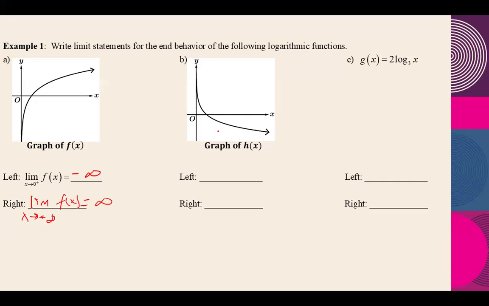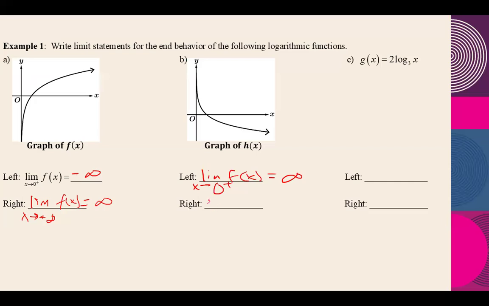All right. Okay, so again, this time when we're describing the left, we're approaching that asymptote. You're approaching that asymptote. So you have the limit as x goes towards 0 from the right, f of x equals, it's going to be toward positive infinity.